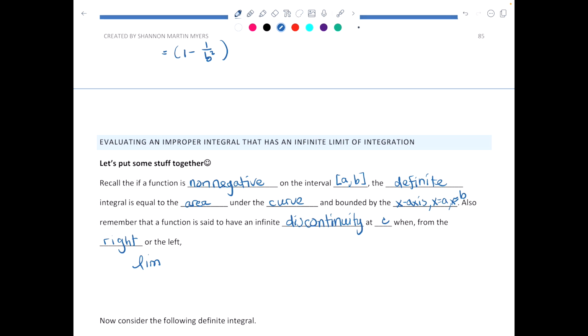So if you have the limit as x approaches c from the right of f of x equal to plus or minus infinity, or the limit as x approaches c from the left of f of x equal to plus or minus infinity, then you've got a discontinuity, you've got a vertical asymptote there.